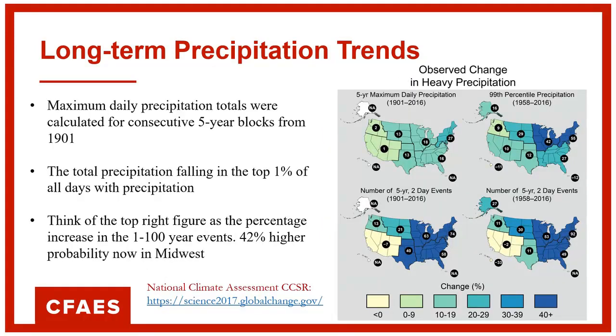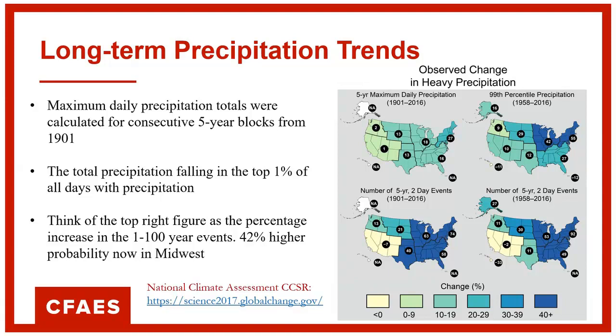Another way of looking at that is to look at the top 1% of precipitation events and look at what is the probability over time of getting one of those events that would figure as a top 1% in the instrumental record.